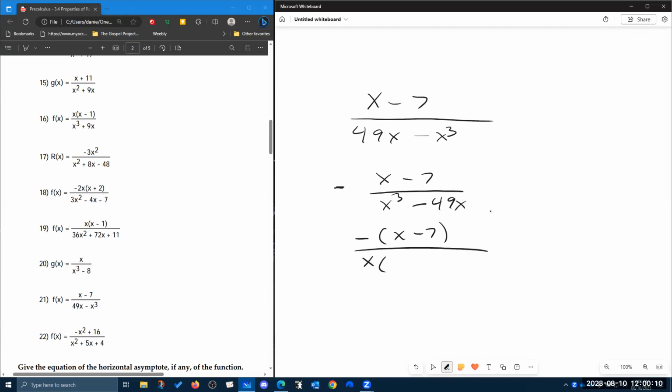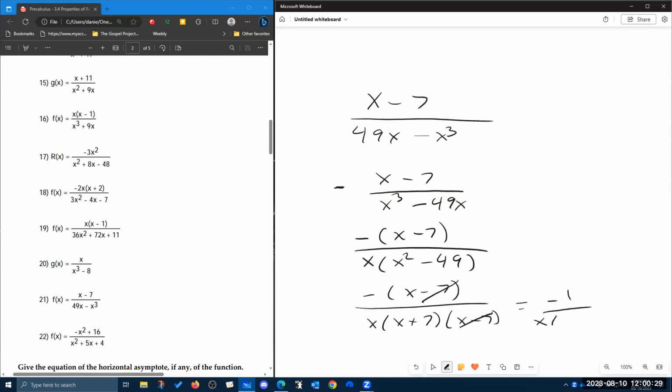Now I'm going to factor out my common factor of x. And this is the difference of squares. And oh, look at that. There's a common factor there that makes this a negative 1 over x times x plus 7, as long as x is not equal to positive 7. So looking at my denominator now, I have vertical asymptotes at x equals 0 and x equals negative 7 if I set each of those factors equal to 0 and solve.